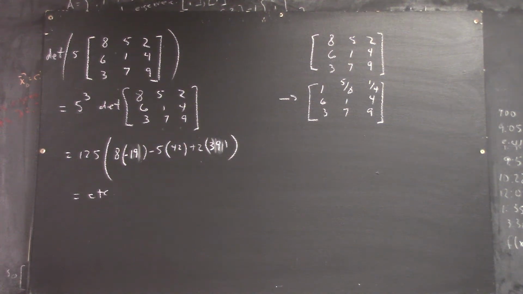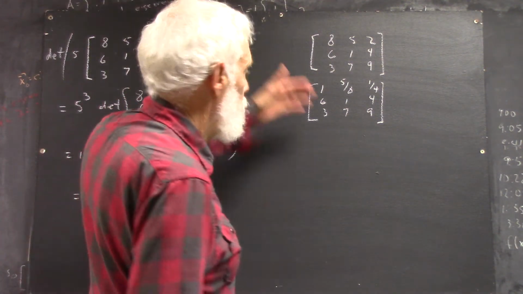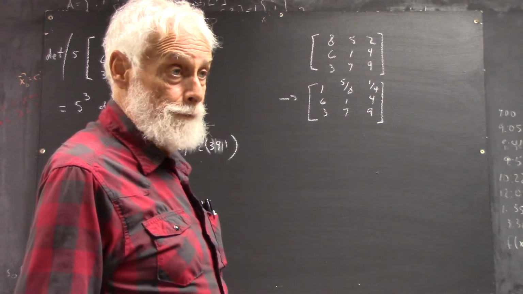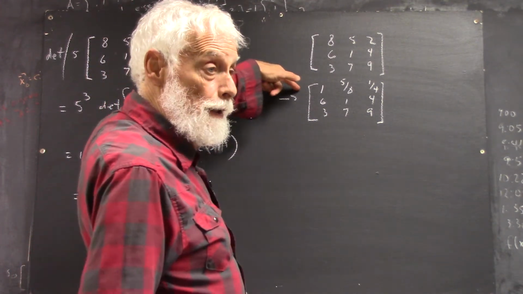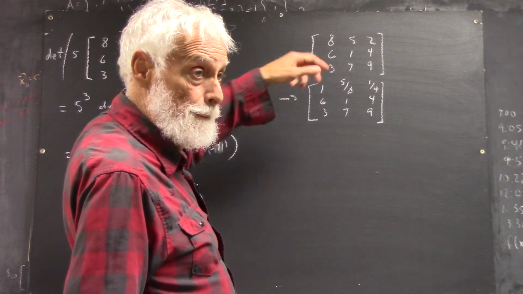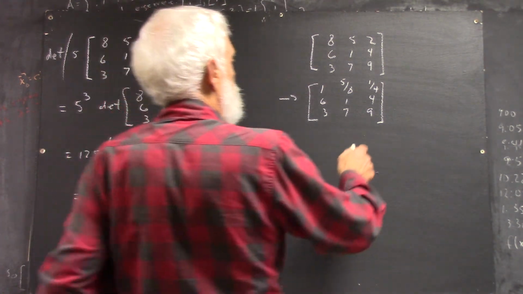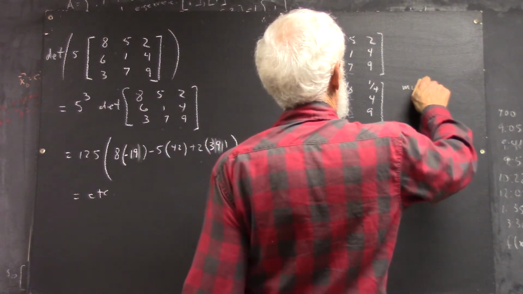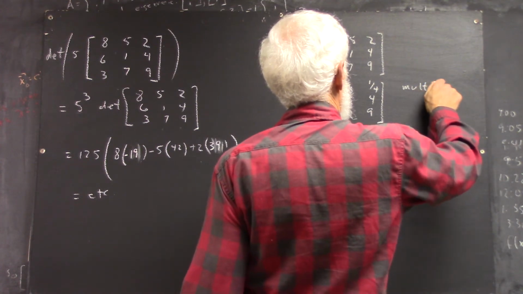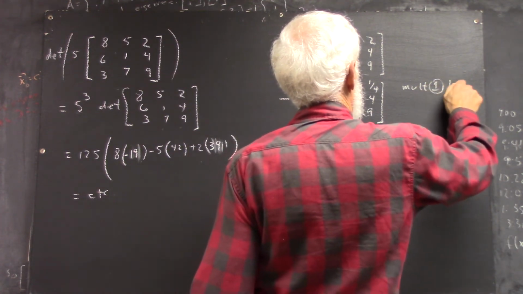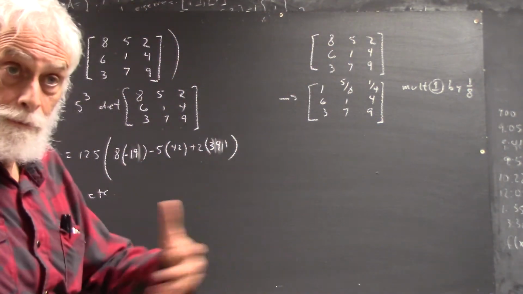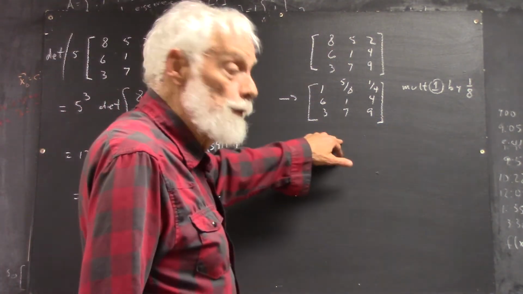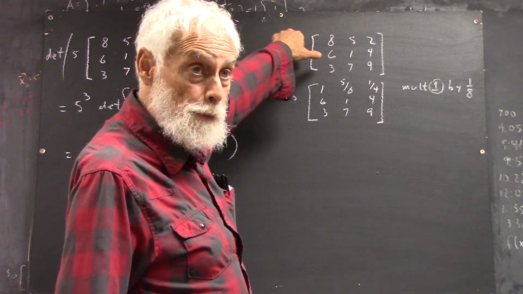Okay, we're going to evaluate this determinant using row operations. Okay? So my first step is I multiply the first row by 1/8, right? So we multiplied row 1 by 1/8, which now gives us a matrix whose determinant is 1/8 of what it originally was, right?